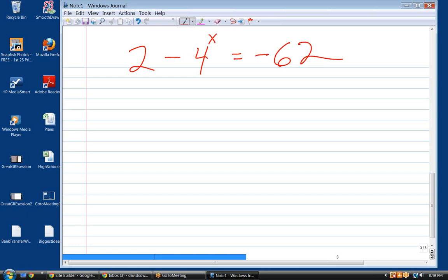To solve an exponential equation, you usually want to take the logs of both sides. This is a particularly unique one in that we don't really need to do that. Let's isolate and solve: 4 to the x equals something. So what does 4 to the x equal?